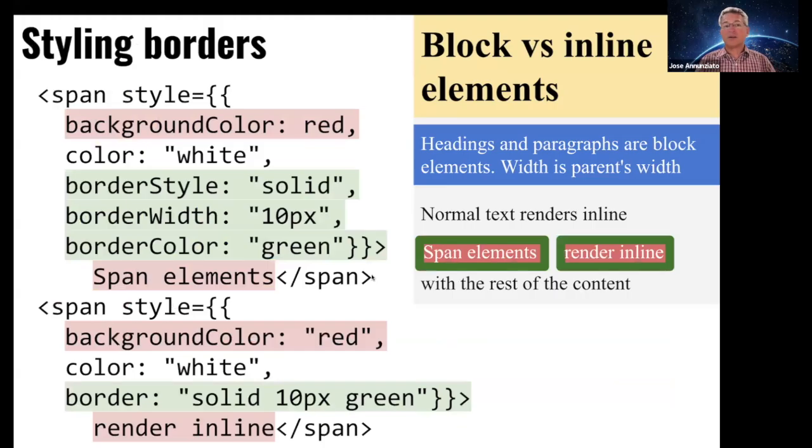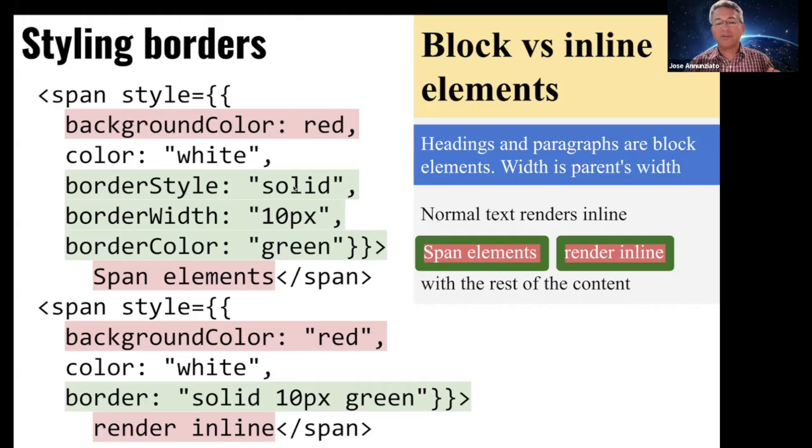A couple other styles that we're introducing, a couple other things that you can do. You can configure other styles. So here, for instance, we're demonstrating styling borders. So we have the background color to be red. So this span, I'm applying the red background. The border style, we're styling the borders, the different properties of a border.